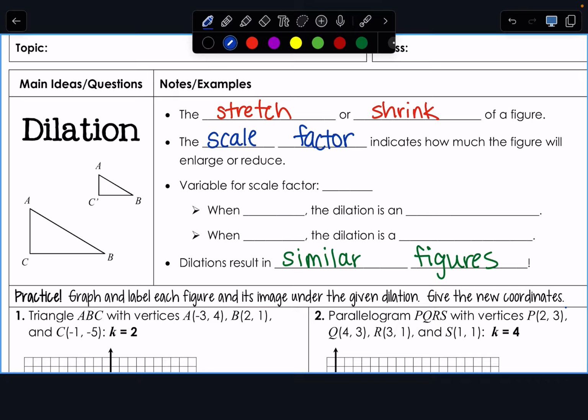The scale factor is going to be notated with the letter K.